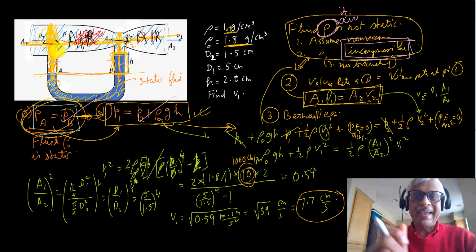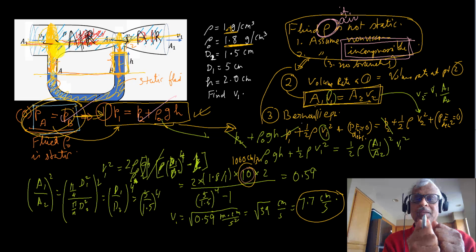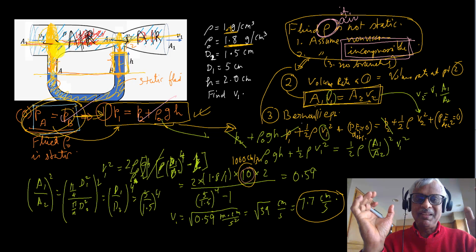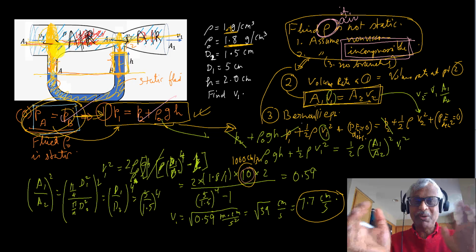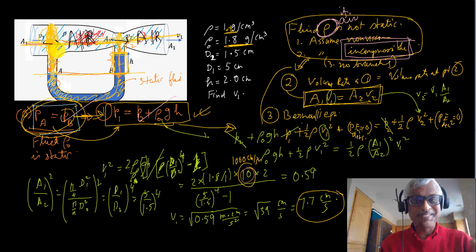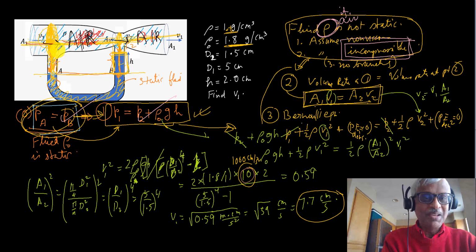Air is a gas and it's compressible. But it turns out that to a large approximation this still works. This is amazing, it still works, even if this is air.